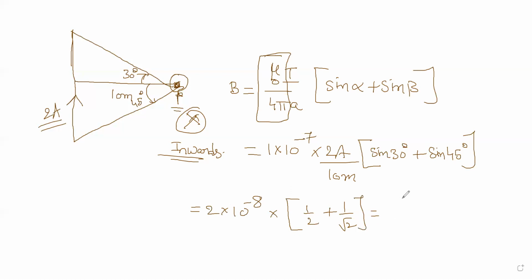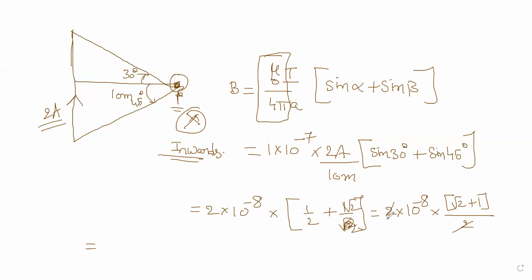So you get 2 into 10 to the power of minus 8 into, when you take the LCM, root 2 plus 1 whole divided by 2. This 2 and this 2 will get cancelled.